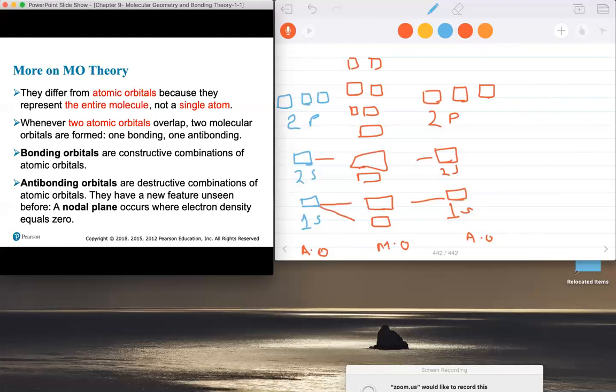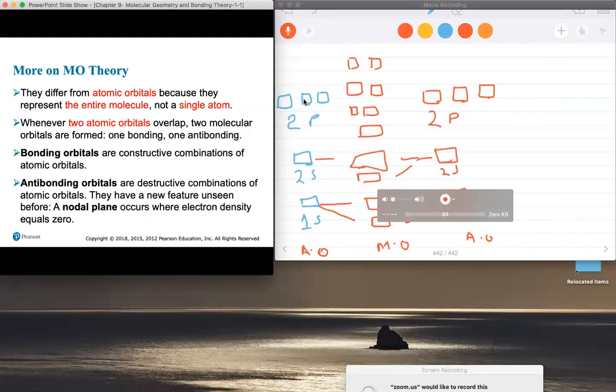If you count this, 1, 2, 3 right here, and then 1, 2, 3. How many total? If we are mixing the 2p, we should end up with 6. 1, 2, 3, 4, 5.